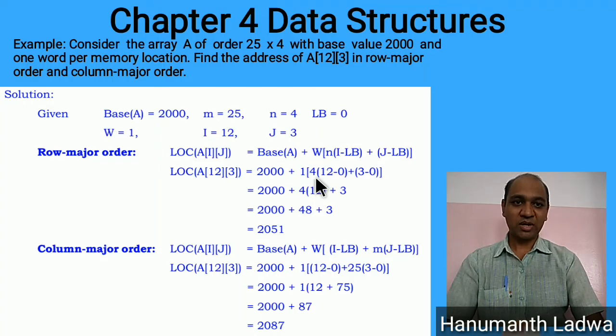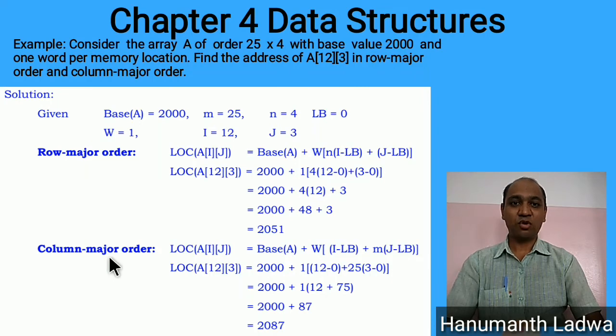Inside the square bracket we will write n represents number of columns, that is 4, and i represents 12 minus 0 plus j represents 3 minus 0, lower bound is always 0. Next we are going to simplify. 12 minus 0 is 12, 12 fours are 48. 3 minus 0 is 3. 48 plus 3 is 51. 51 plus 2000 is 2051.